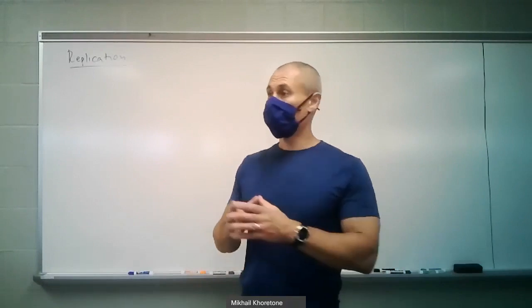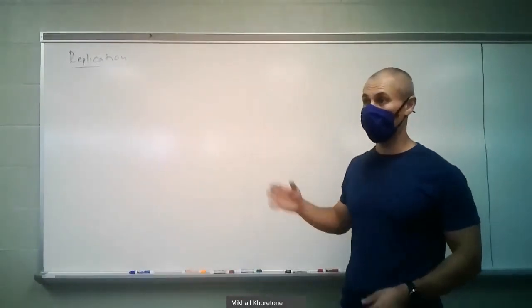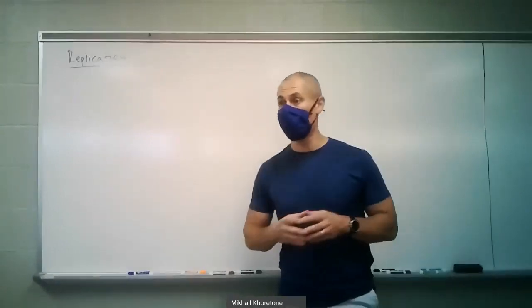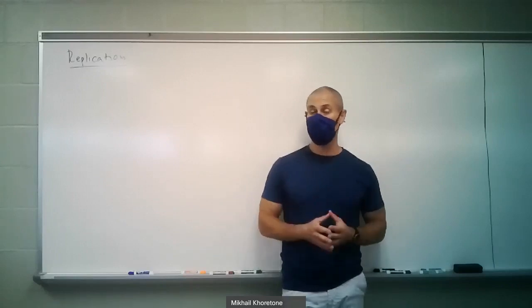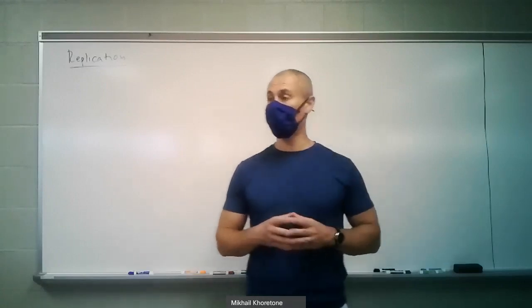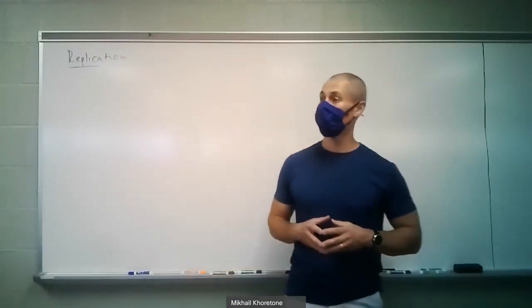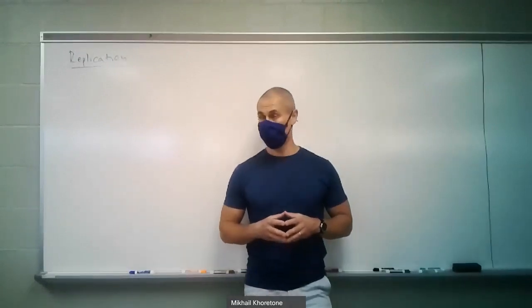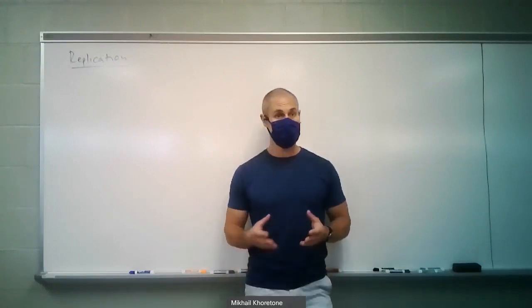I cannot draw the process, I cannot do the animation on the whiteboard, but at least I can try and do a step-by-step process to illustrate what is going on during the DNA replication, okay? So we're going to be talking about replication in bacteria, which means a single circular chromosome, okay? Not many chromosomes like in the eukaryotes.